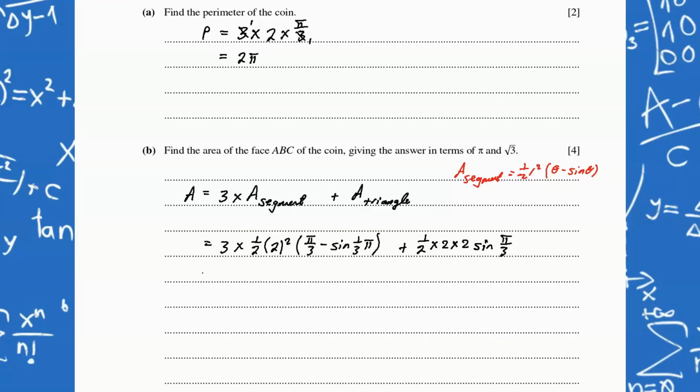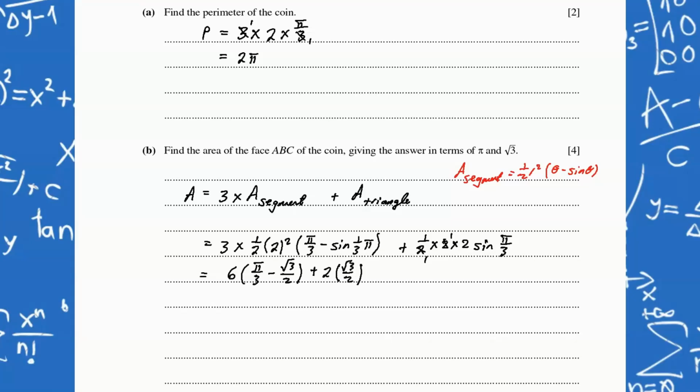So let's simplify what we got. This is 3 times half times 2 squared, which happens to be 6. So basically here we should be having 6 of pi over 3 minus sine of a third pi. Sine of pi over 3 is like sine of 60, which is root 3 over 2. So we have root 3 over 2 here, and plus here we get 2 of sine of this, which is 2 of root 3 over 2.